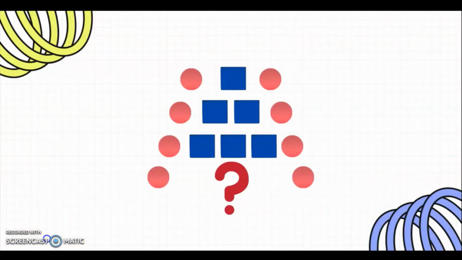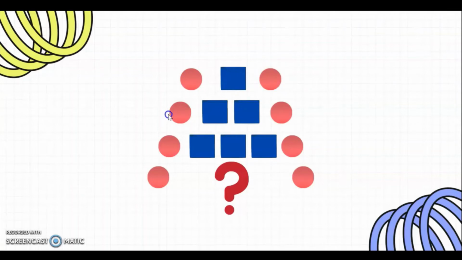You'll notice there are a lot of shapes here, so we should probably just look at this pattern line by line and see what we discover. On the first line, we see a circle, a blue square, and a circle.